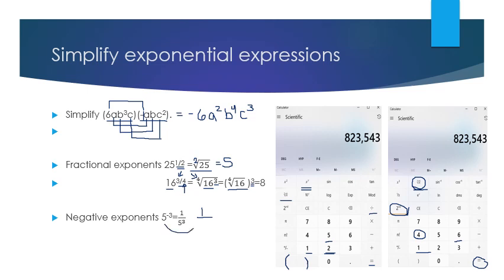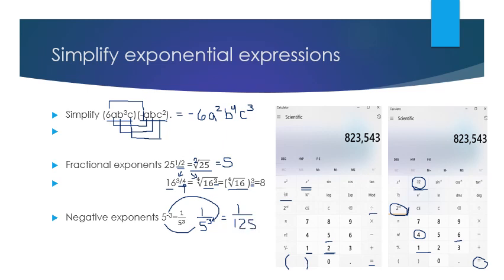Take the same base and put it in the bottom of the fraction. Take the same exponent except in its positive form and put it on the base in the bottom of the fraction. So this would be simplified to 1 over, let's see, 5 times 5 is 25 times 5 is 125. So this would be the fraction 1 over 125.